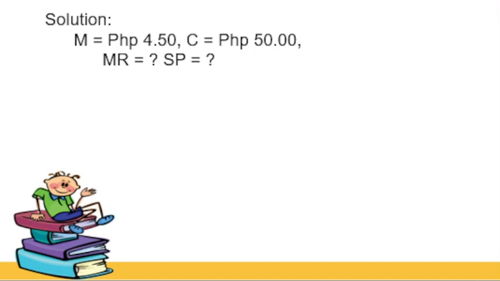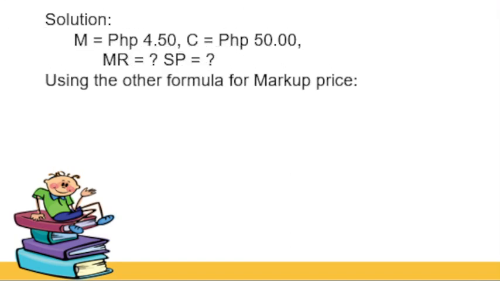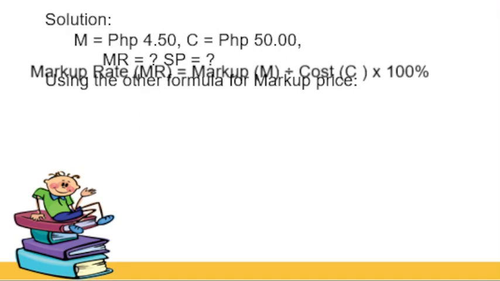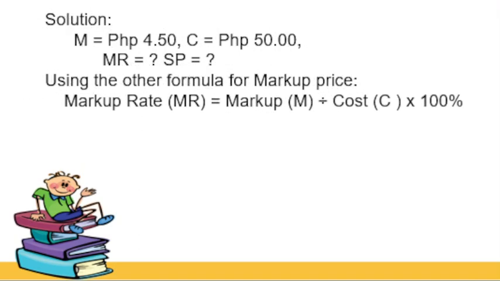So that is, using this formula, the MR is equals to the markup or the M divided by the cost times 100%. Why is it 100? It's because we are looking for the rate.